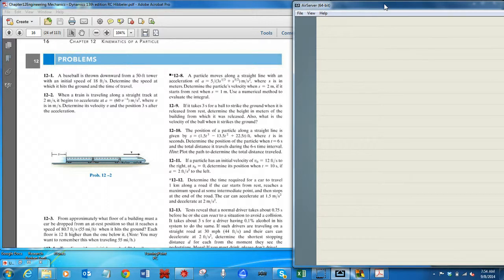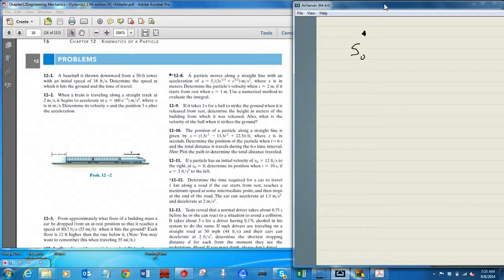Problem 11. If a particle has an initial velocity of 12 to the right when s equals 0, determine its position when t equals 10 if acceleration is 2 to the left. Okay, so we're going to choose an origin. Where do you want to choose an origin? At s equals 0? Okay, so we'll put a point here and say that's s equals 0.